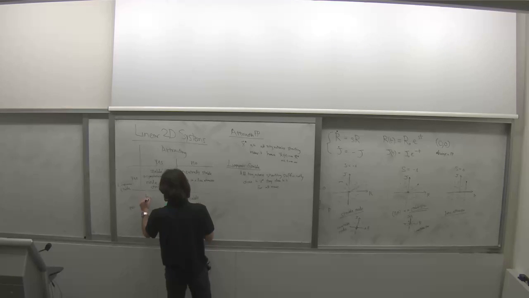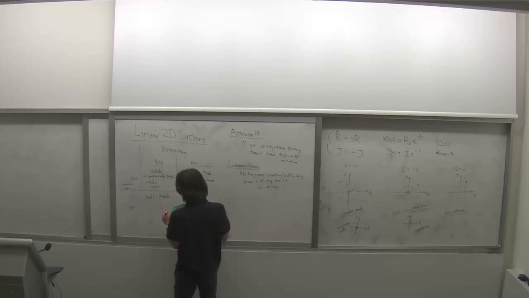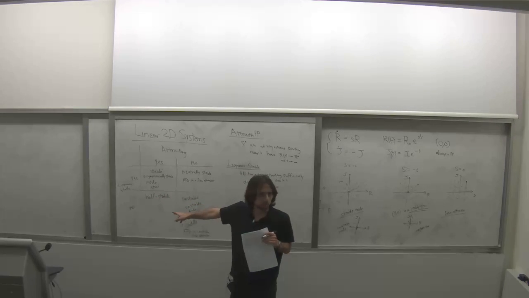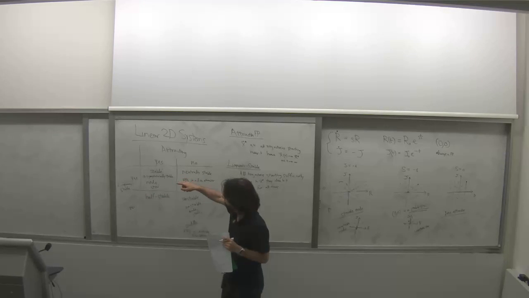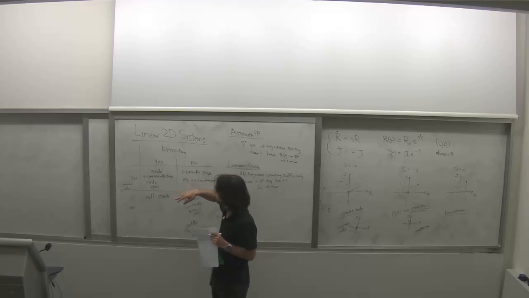We call these half stable. We saw the half stable points in 1D systems, but they are not actually Lyapunov stable, and they're not attracting.